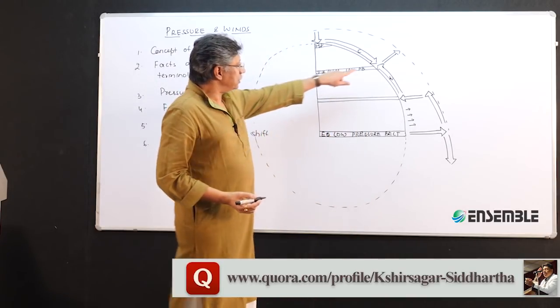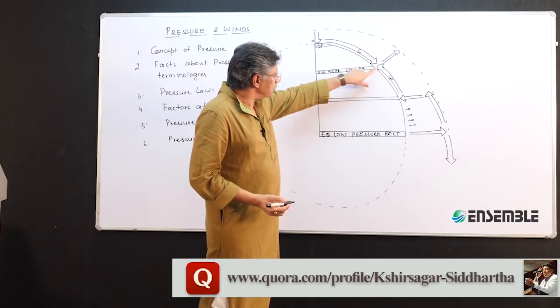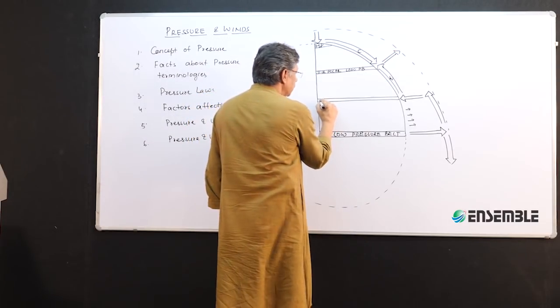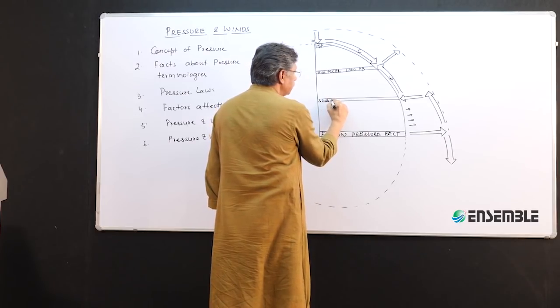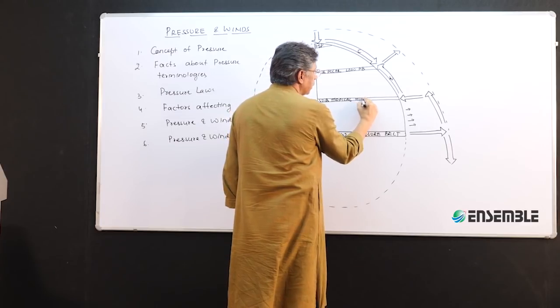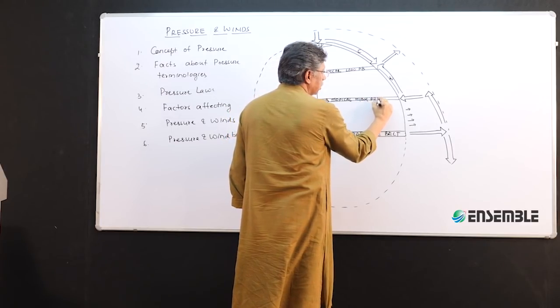So, the subpolar low pressure belt owes its origin to the air that goes on to rise. And this is a place that is going to be called by the name of subtropical high pressure.